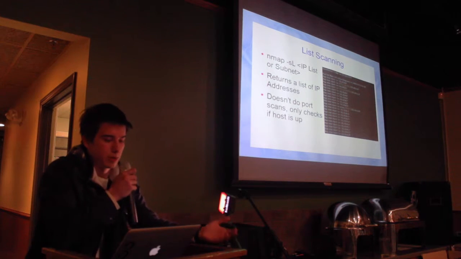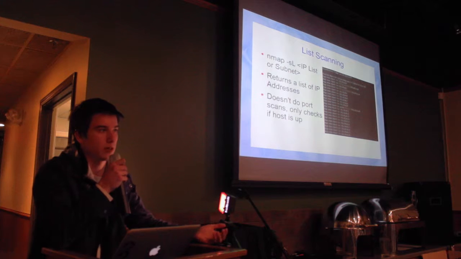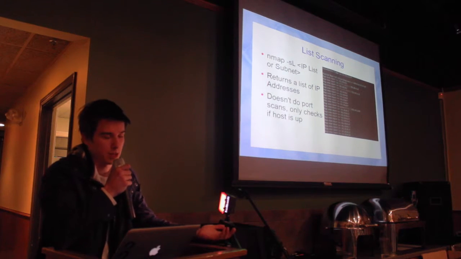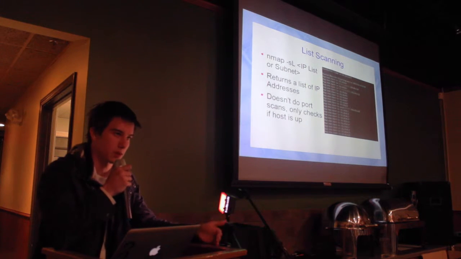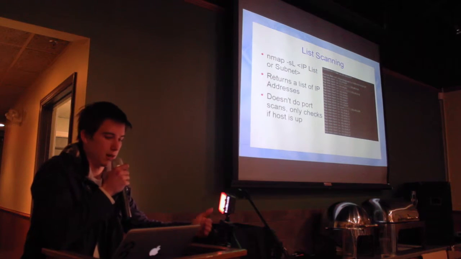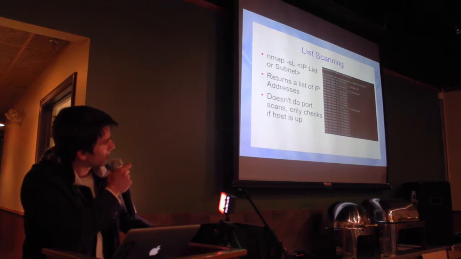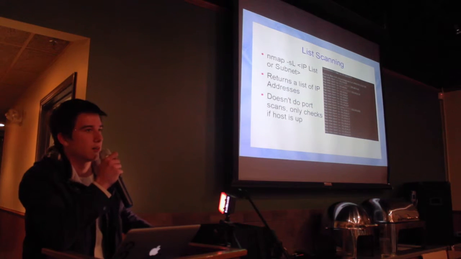So on to some of its particular features, there's something called list scanning. List scanning is great for host discovery. If you go on Nmap's documentation page, it'll actually be under the host discovery page. It basically just asks who lives at, say, these addresses. Can everybody see that? Even in the back? No?